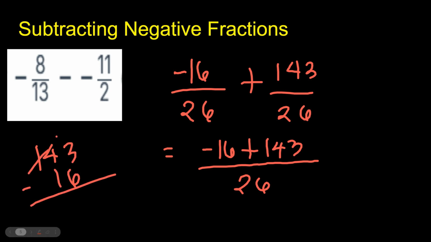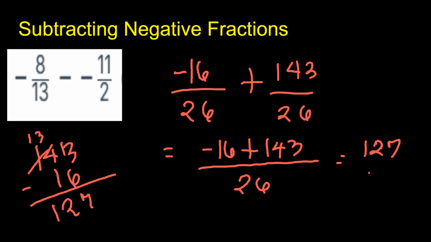We borrow 1 from 14, so 13 minus 6 is 7, and what's left here is 13. So that would be 127. It will now become 127 over 26.